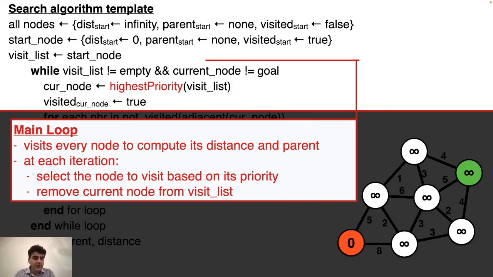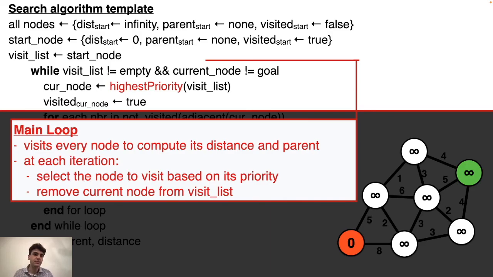If either of these conditions were true, that is, if the visit list were empty, or if the current node was the goal node, then the search would be done, because either it would have found the goal, or would be left with no more nodes to visit. So as long as both of these conditions are false, it knows that there's still work left to be done.